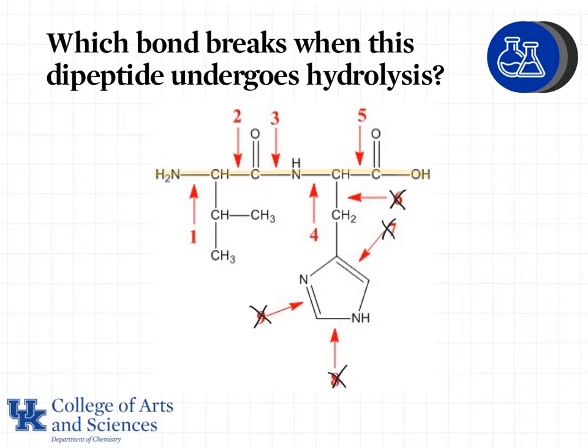And where that spot is right in here. So bond number 3. So we see the C double bond O in. We know that the CN is a weak point that we can break. And we also know that from this side, on the left of that blue line is 1 amino acid, and on the right is another amino acid. So that's where the bond formed to make the dipeptide, and that's where it's going to break to make the 2 separate amino acids again.